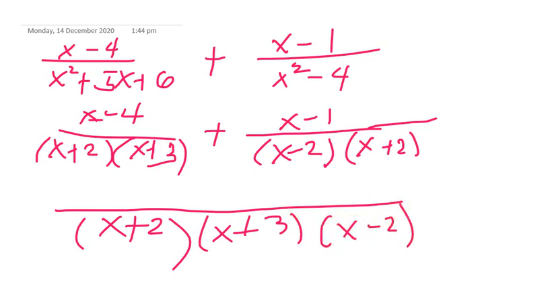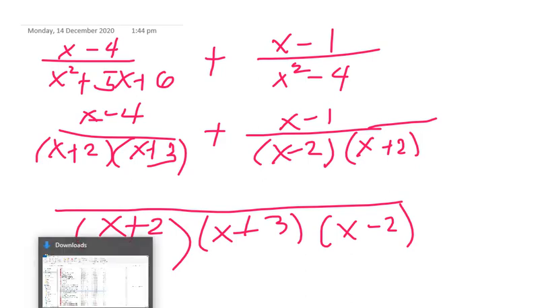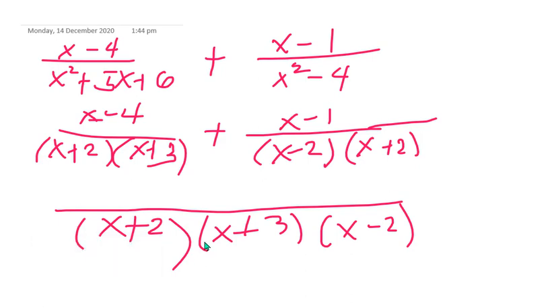Okay? Then after getting the LCD, you're going to multiply, or rather divide. The LCD divided by the denominator of the first of the addends. Here we have x plus 2, meron. X plus 3, meron. So what remains now is x minus 2.